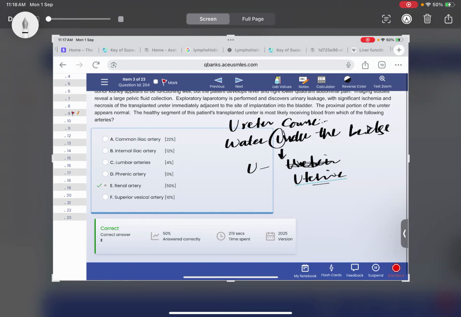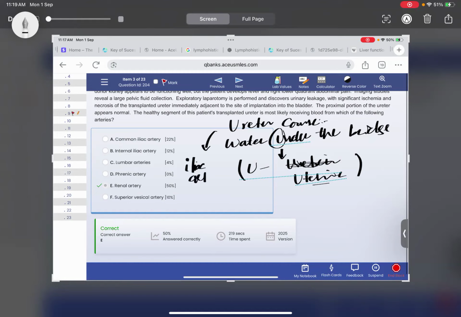I'm not going into detail of that, but they ask you about this. The other important point about the course of the ureter is that it goes under the uterine artery and over the iliac artery.